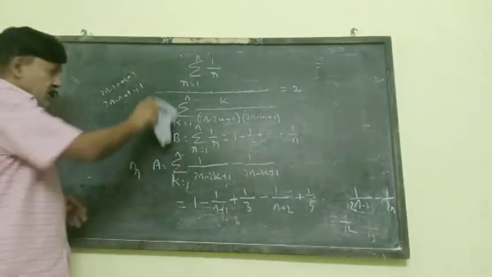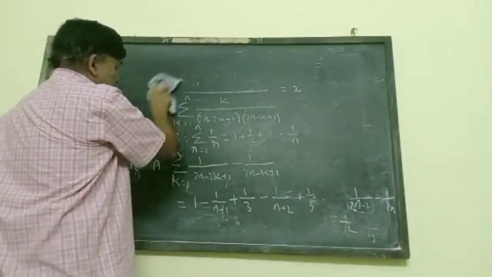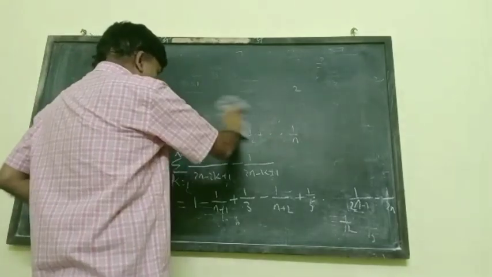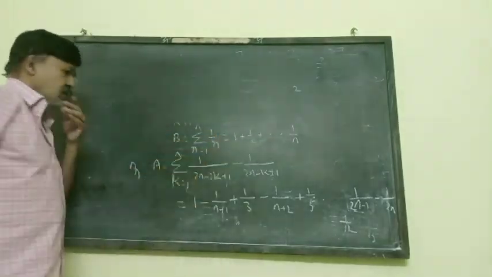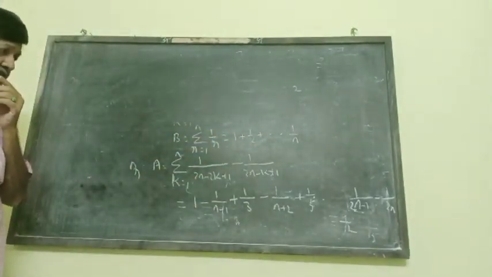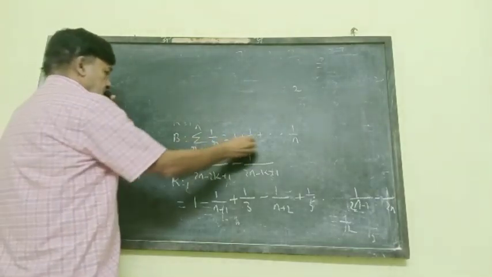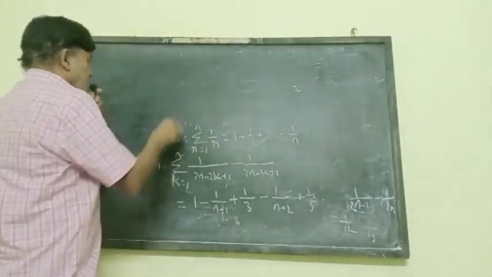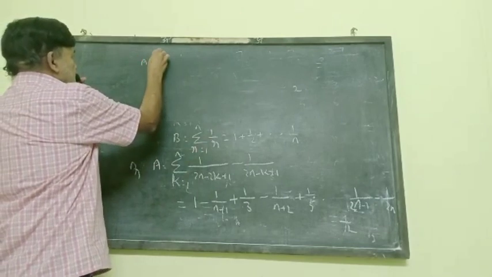So, for academic interest, see how the manipulation can be done. B is this. So actually A comprises like this.